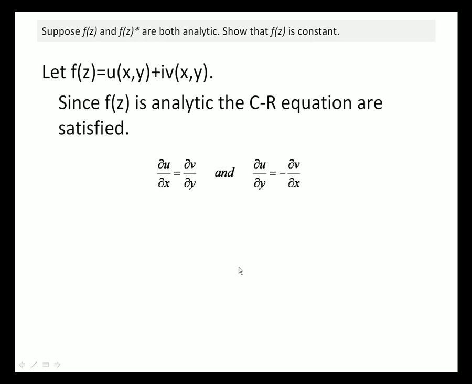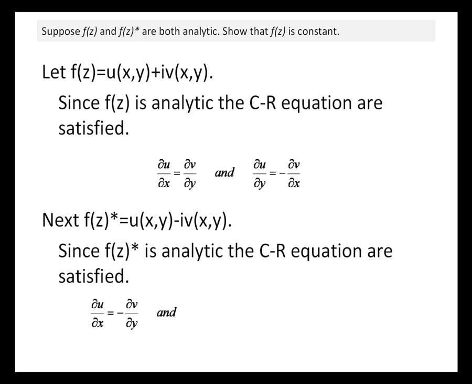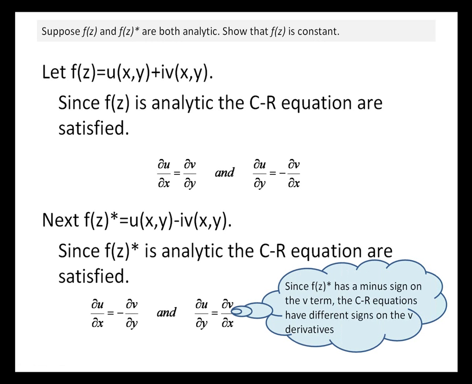Now, we also know that the complex conjugate of f, which is now going to be u of xy take away, because we've taken the complex conjugate, i v of xy, is also analytic. So it will satisfy the Cauchy-Riemann equations as well.